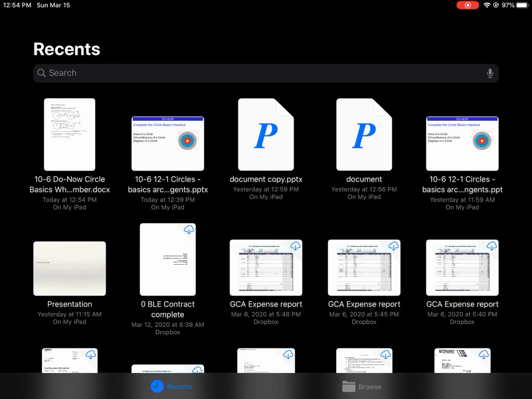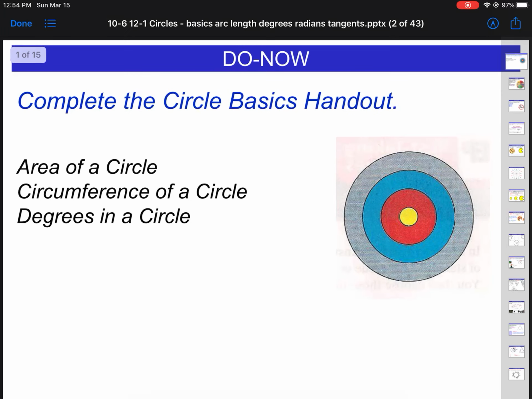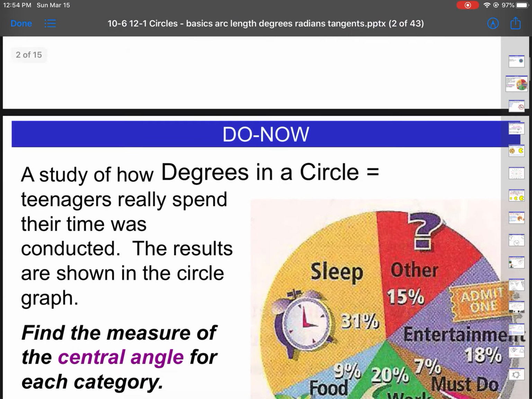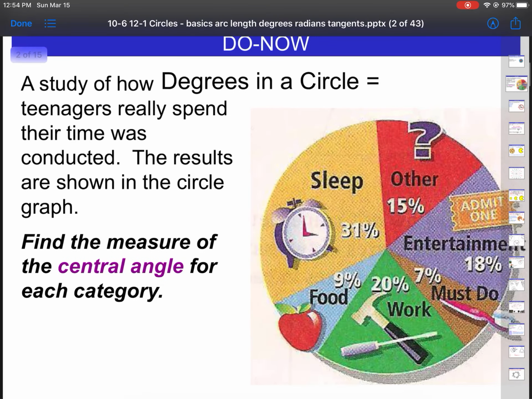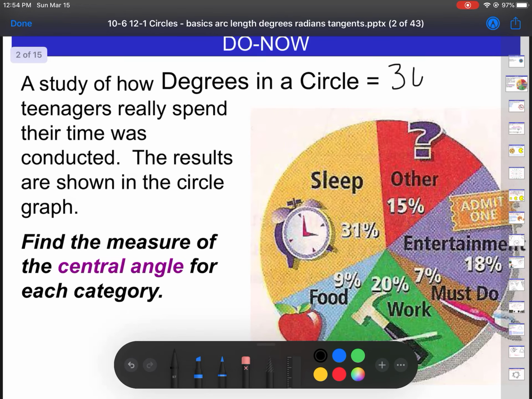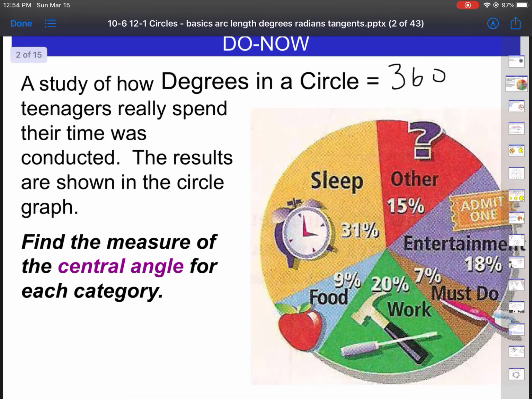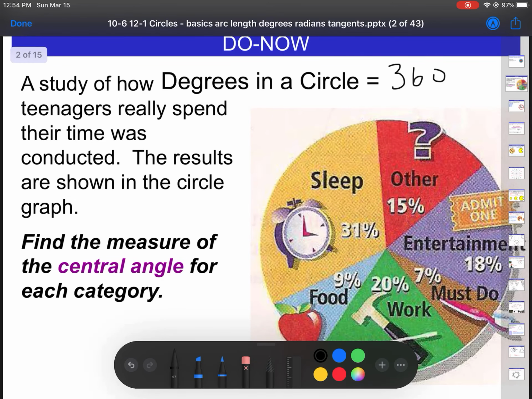Okay, so now let's go to the notes. Okay, so we did the do now. Talked about area, circumference, and degrees of a circle. So degrees in a circle, there are 360. And so find the measure of each central angle. Well, the central angle is, let me use a different color here. So this is the central angle right here where it says sleep at 31%.